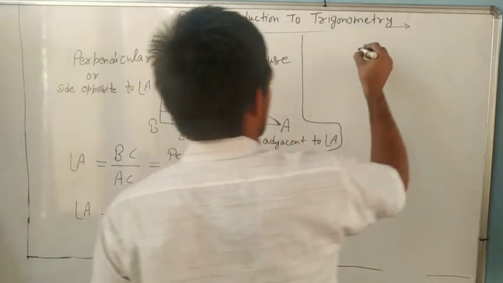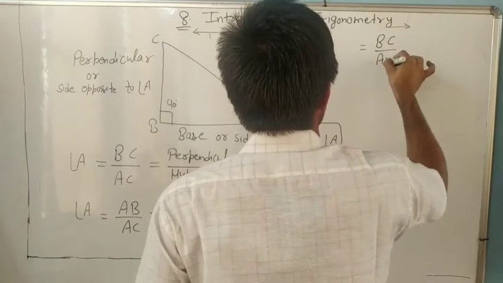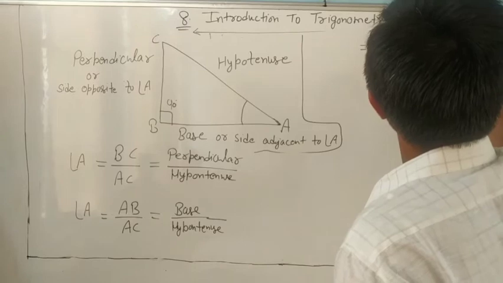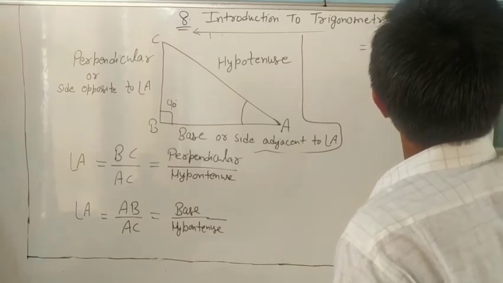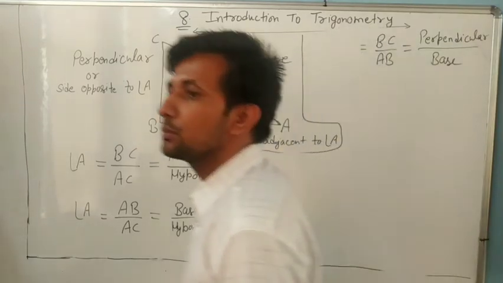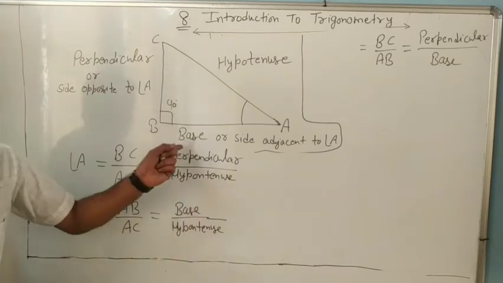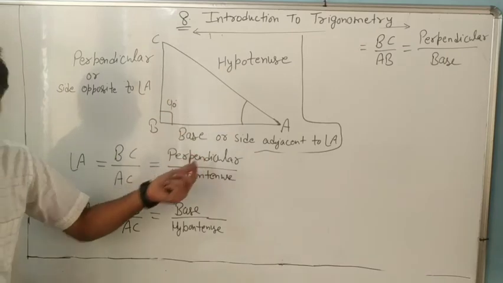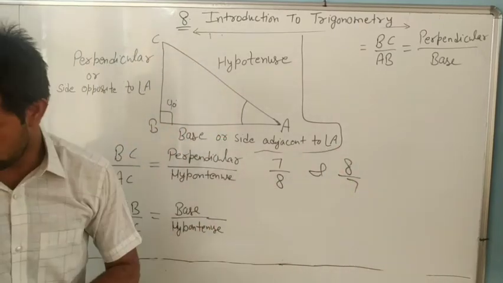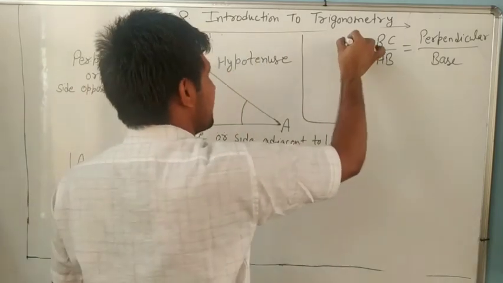Now can I write BC divided by AB, equal to perpendicular divided by base. Any other possible? Yes, possible, why not? It is perpendicular by hypotenuse. Can we take its opposite, hypotenuse divided by perpendicular? Because 7/8 and 8/7 are both different, or not? So this is also for angle A.